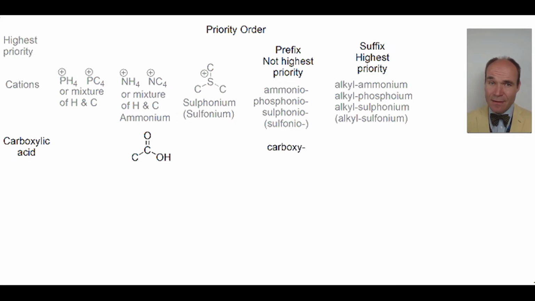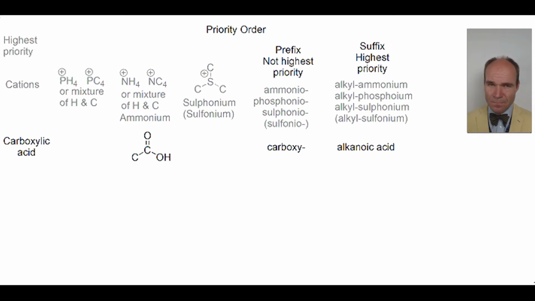If, however, they are the highest priority functional group within the molecule, then they're going to be referred to as alkanoic acid. Again, the alkane section is generic. So that's going to be methanoic acid if there's 1 carbon, ethanoic acid if there are 2 carbons, propanoic acid if there are 3 carbons, butanoic acid if there are 4 carbons, etc., depending upon the specific number of carbons in your molecule.